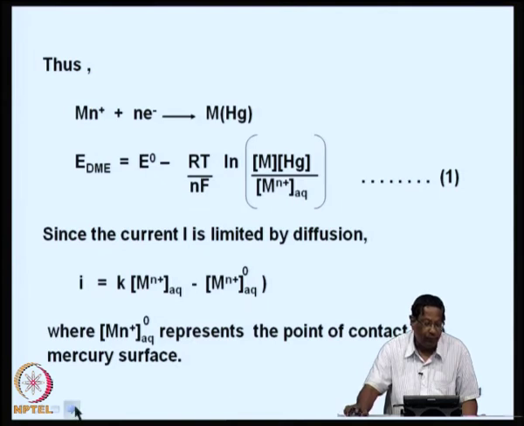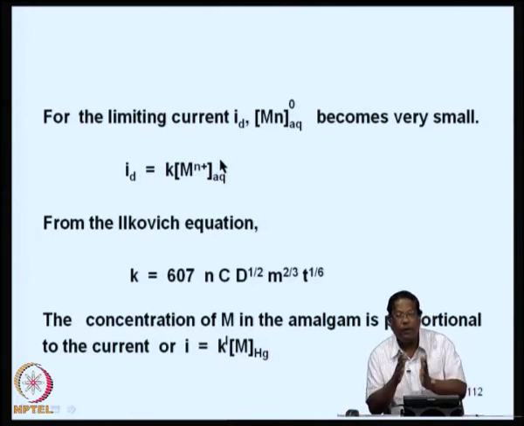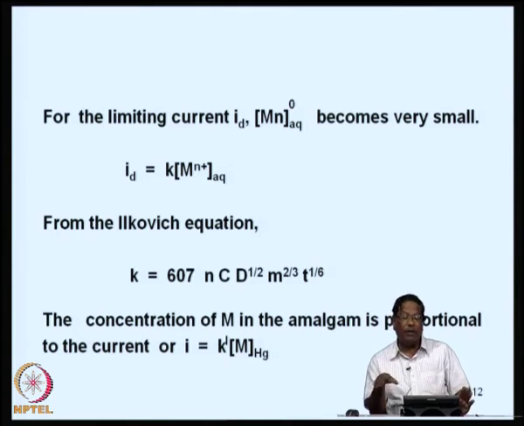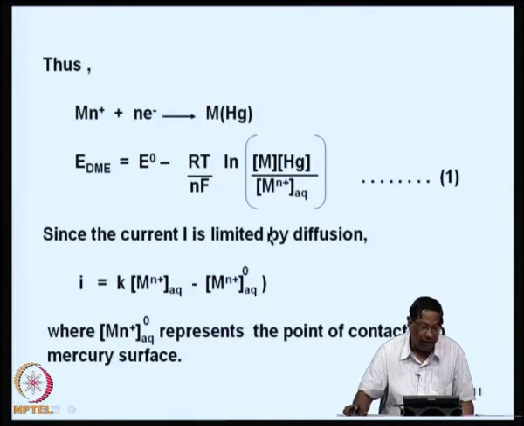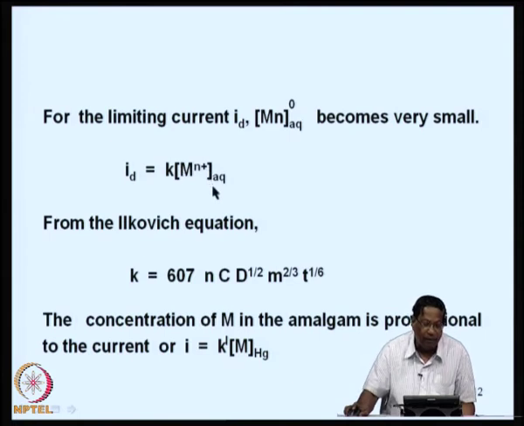Similarly, for the limiting current, the concentration of the reducible species at the point of contact becomes very small. That means it is almost negligible. So, in the previous equation, I am going to neglect this and write only the remaining part. Here I_d is equal to k into [M^n+] aqueous, because the other part I am going to neglect.